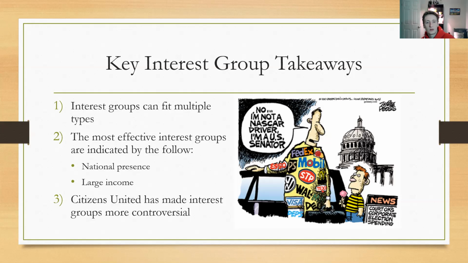Secondly, the big takeaway is that the most effective interest groups are defined by their national presence and their large income. When you did your research, you should have hopefully seen that the ones that were really effective are these national organizations. The NRA is all over the United States. They have millions of members.